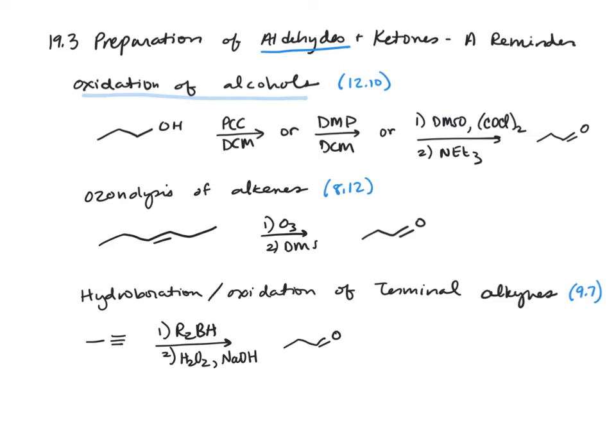We can undergo an ozonolysis of an alkene. You know this from chapter 8. And then lastly, a hydroboration oxidation of a terminal alkyne yields an aldehyde as well. So these are all 3 ways to make the same aldehyde.